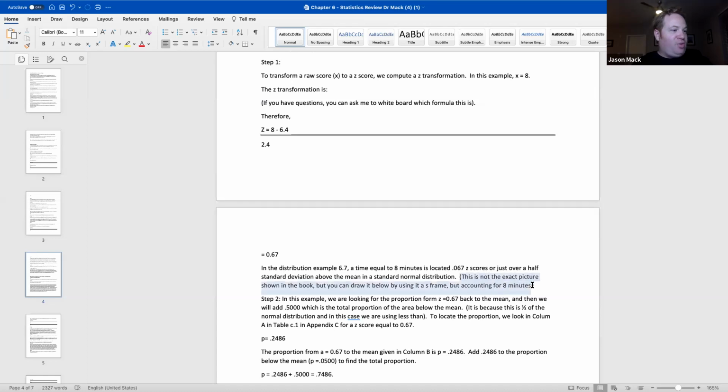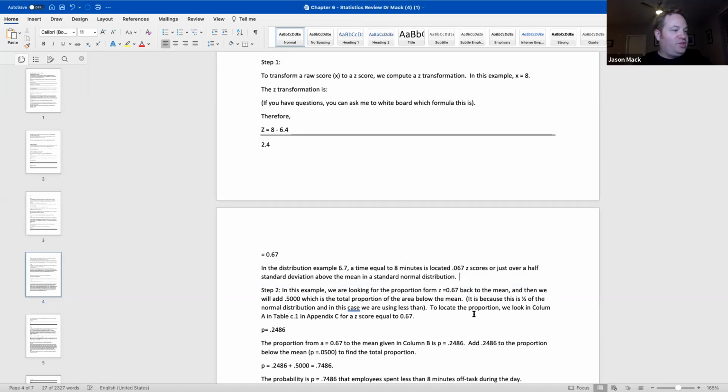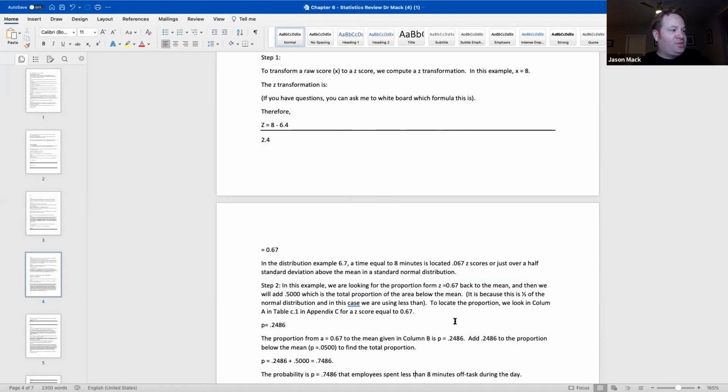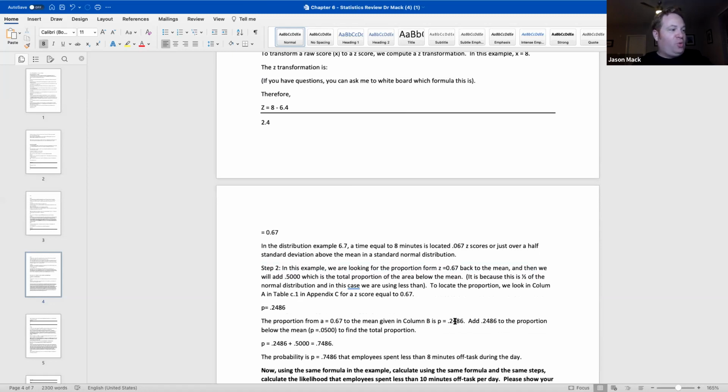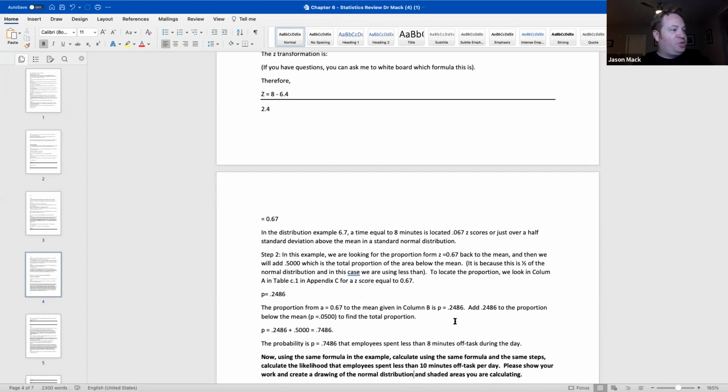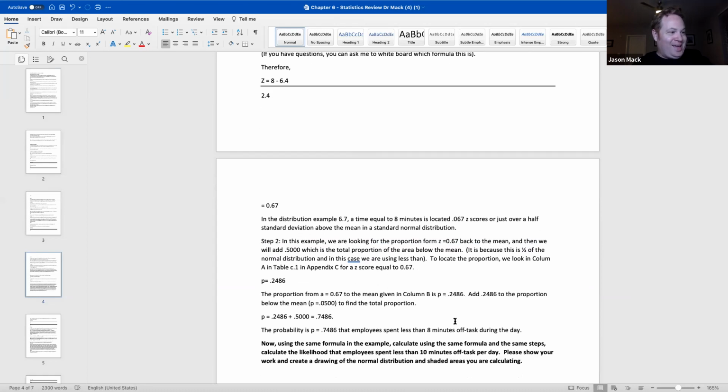In this example, we are looking for the proportion of z equals 0.67 to the mean, and then we'll add 0.5000, which is the total proportion of the area below the mean. It is because it is 1/2 of the normal distribution, and in this case, we're using less than.